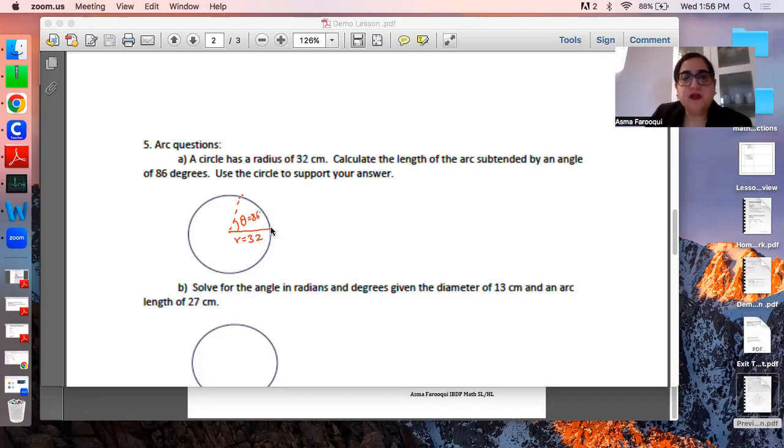Now again, 86 is given in degrees, so we need to convert this to radians, please, the first thing. And they want you to find the length of the arc. So length of the arc using the formula A equals, as we learned, can you please tell me? Correct, that is r multiplied by theta. And we need to convert 86 degrees to radians. So this is multiplied by pi over 180.